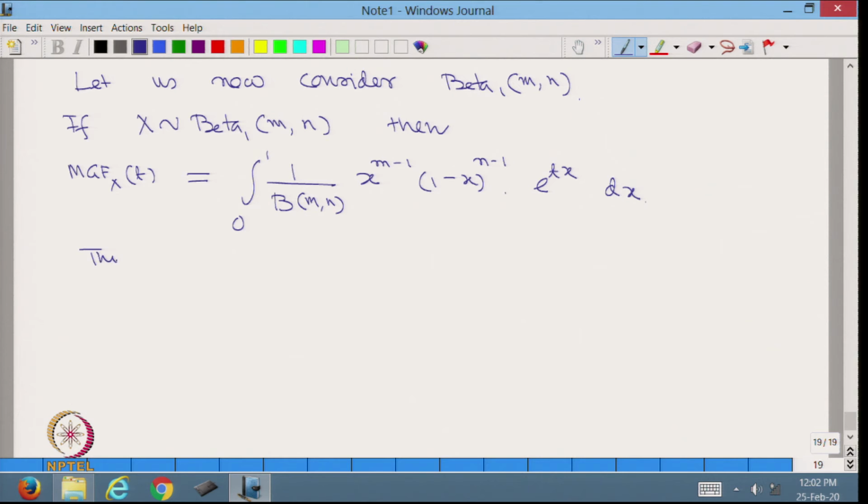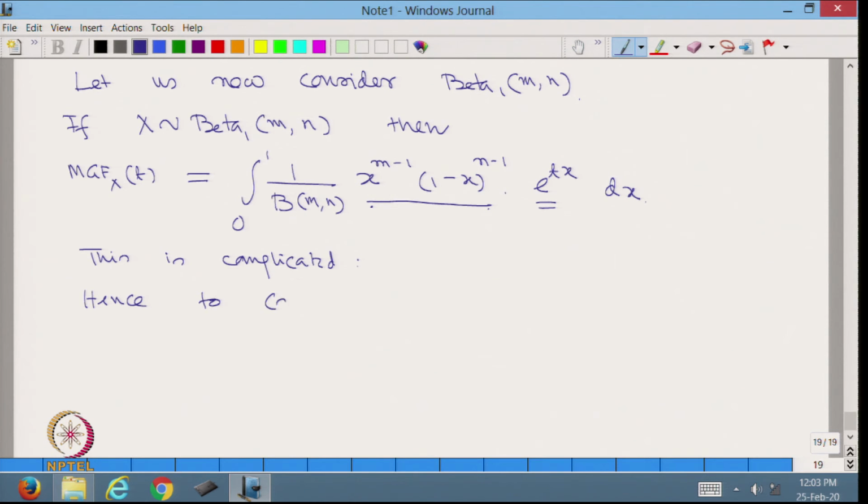So, this is slightly complicated, as in the PDF the x is coming in a polynomial form, whereas e to the power tx is in exponential form.